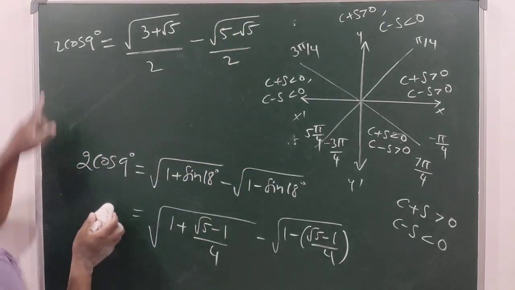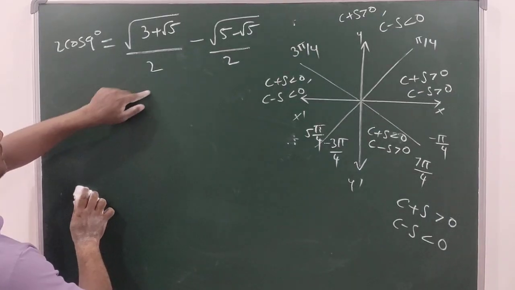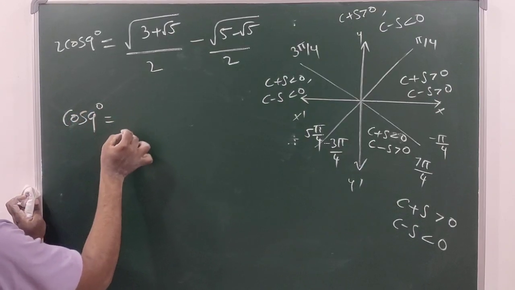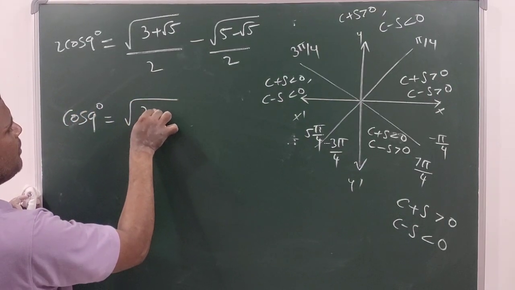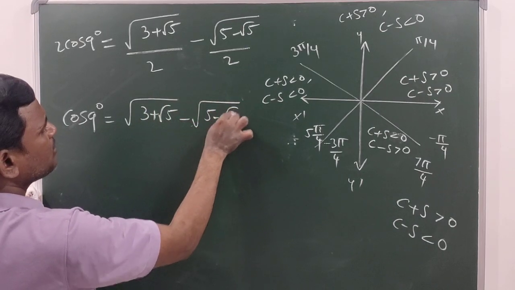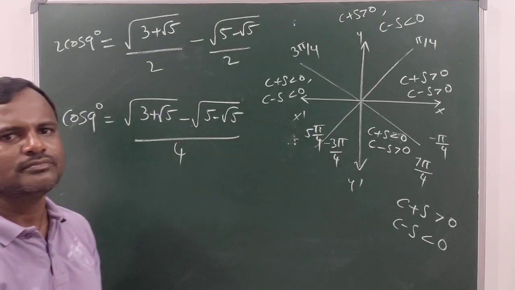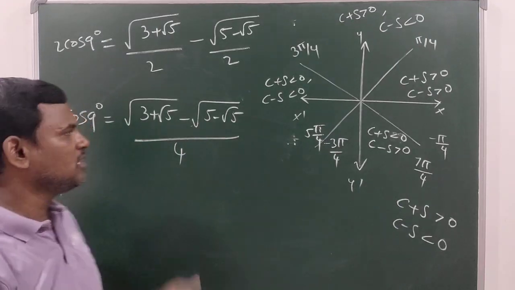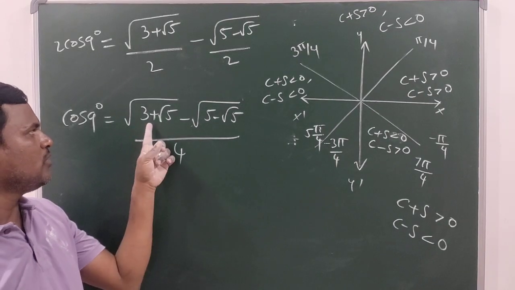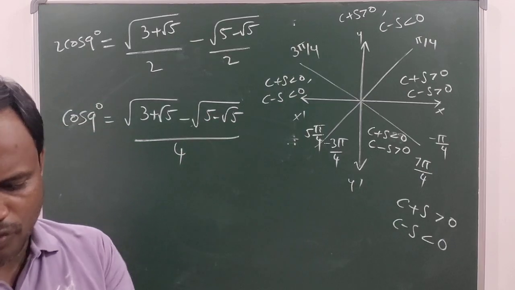But you want cos 9 degrees, so you don't want this 2 here; send it to the right side. So cos 9 degrees is equal to square root of 3 plus root 5 minus square root of 5 minus root 5, all by 4. This is the value of cos 9 degrees.